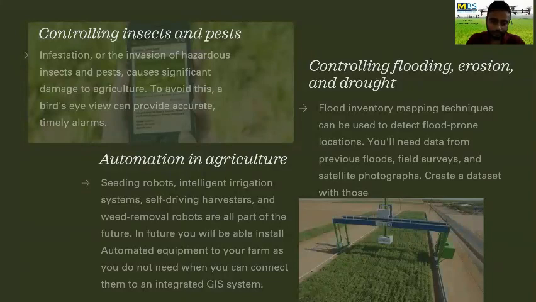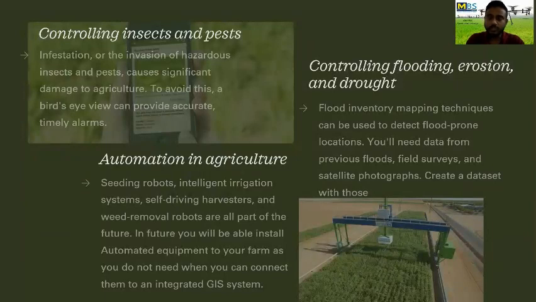So in future, a lot of machines will be installed in paddy fields, and farmers can easily get their harvest using the technology of GIS. So the GIS system will help farmers to get more output using machines integrated with information.